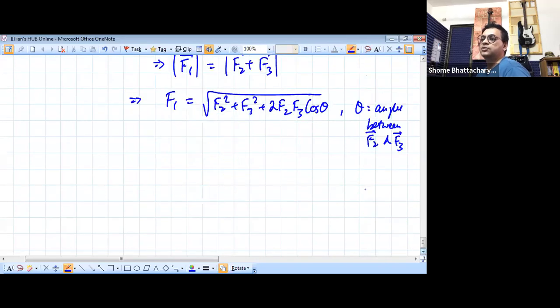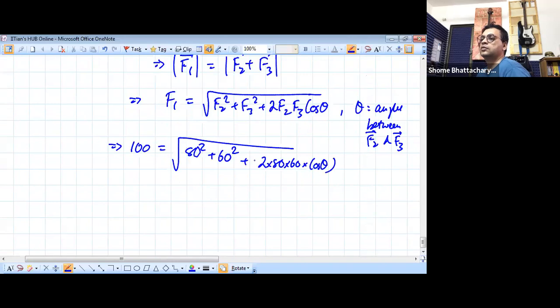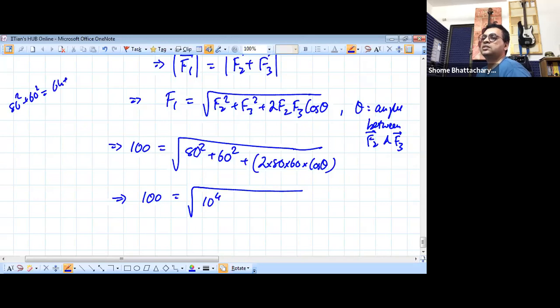So now plug in the values that are given above. F1's magnitude was given as 100, F2's magnitude was given as 80, F3's magnitude was given as 60. So we get this. Now if you just check this out, you will see that 100 is equal to square root of 10 raised power 4, because 80 square plus 60 square is equal to 64 plus 36 into 100.